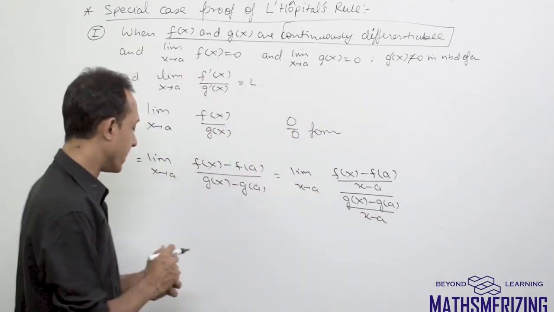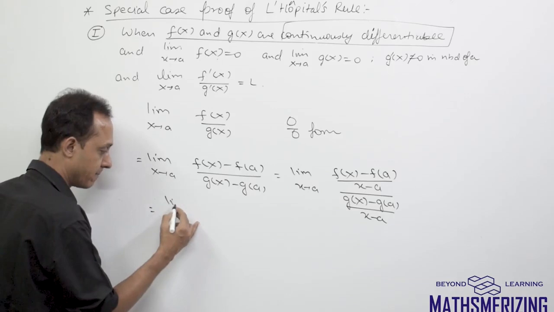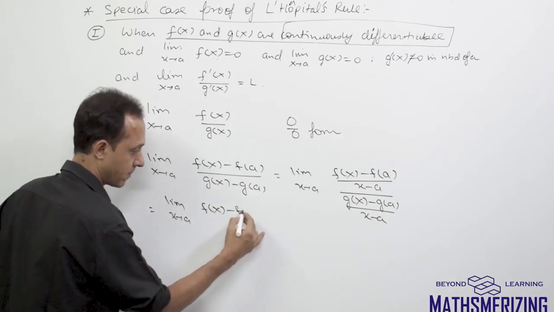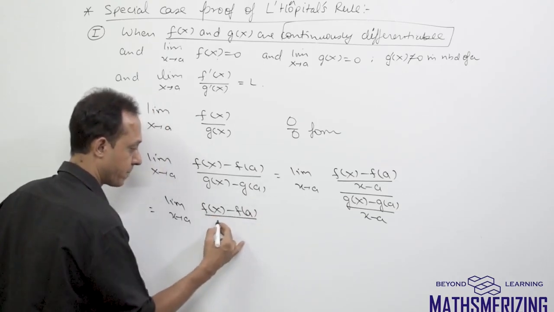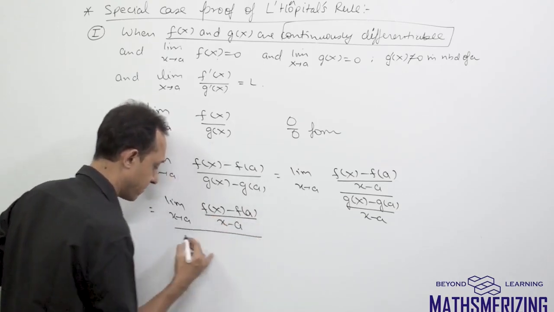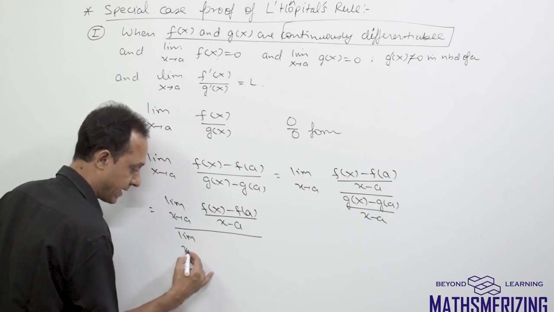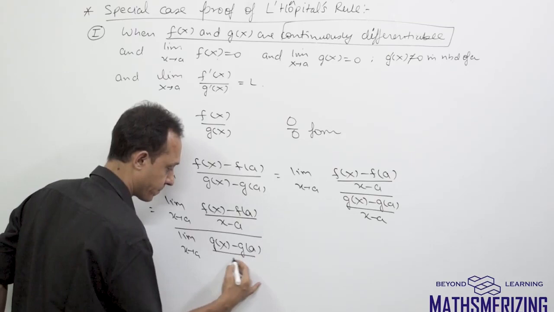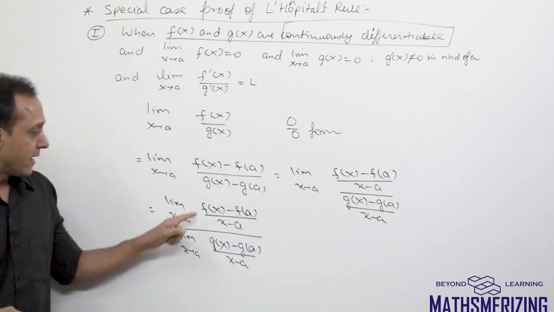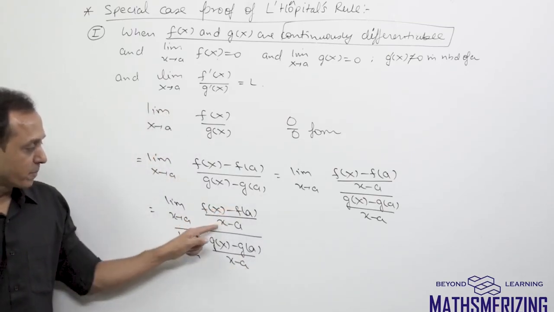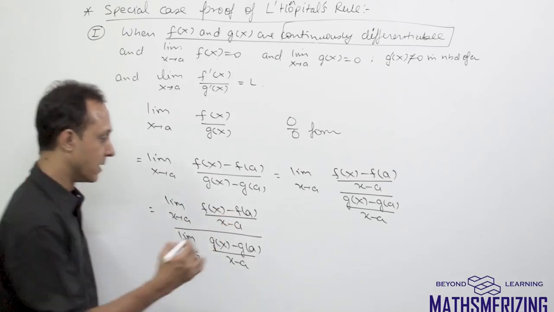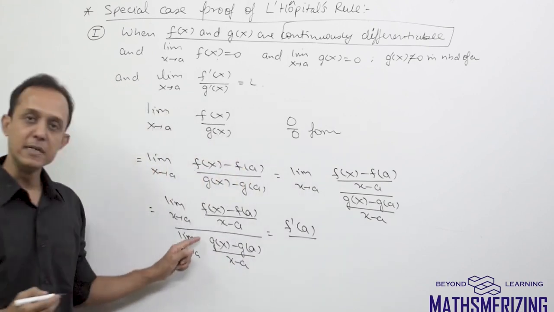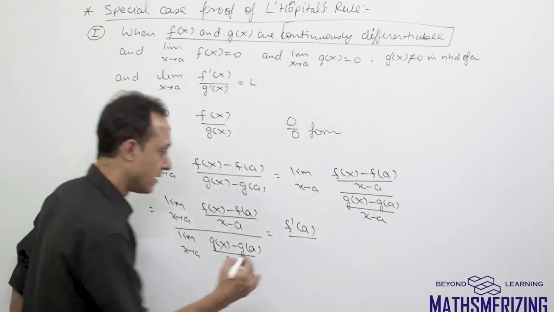Now I'll take this limit in the numerator and denominator, so I'll write it as limit x tends to a fx minus fa upon x minus a, divided by limit x tends to a gx minus ga upon x minus a. And this limit fx minus fa upon x minus a, as x tends to a, is nothing but simply f dash a, and this limit gx minus ga upon x minus a is g dash a.